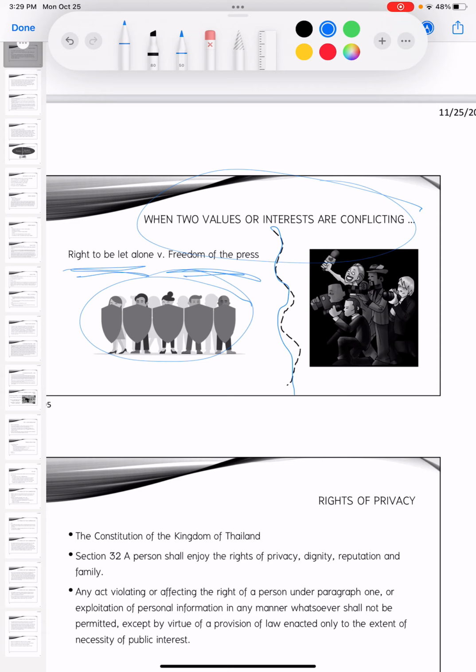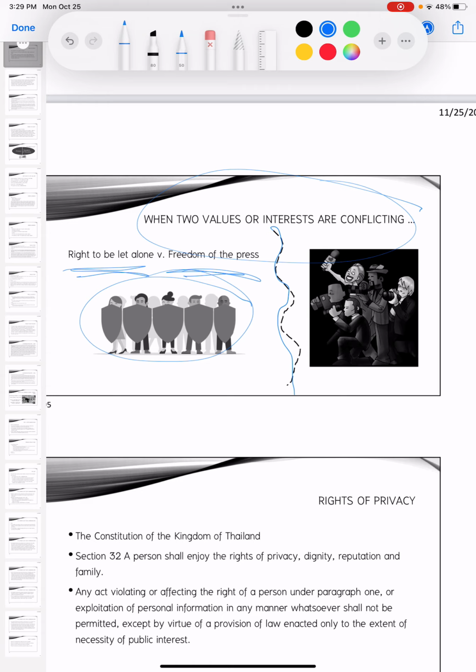For example, the prime minister goes to some provinces to take action on a flood problem or any kind of problem, to do an investigation, a survey, or visit the site of a project.